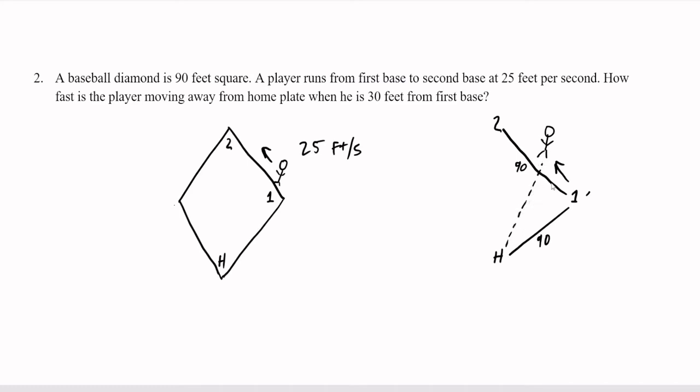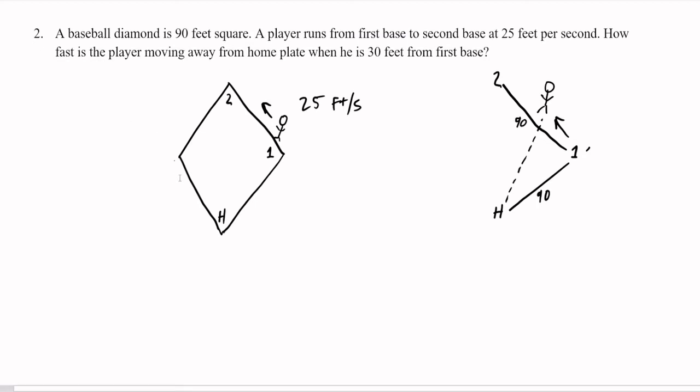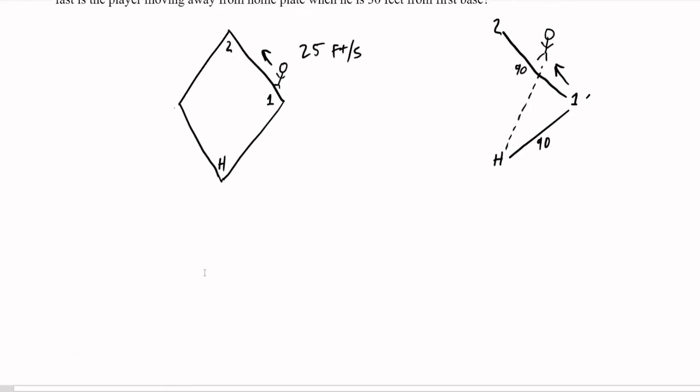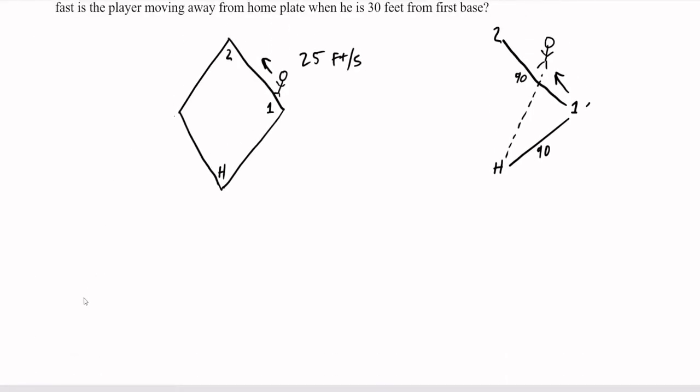And what I need you to imagine is as this person moves, this dotted line follows, and so that distance will be increasing. That's what we want. We want to know how that distance is increasing. Okay? So what you end up having, and maybe we can draw some nice pictures here, is you start here at home.